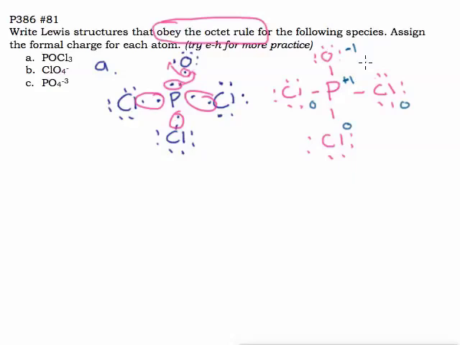Let's look at B. In B, we've got a charge, so our formal charge needs to add up to negative 1. In this case, we have chlorine in the center, which is a little awkward since it already has 7 valence electrons, but we'll make it work. And our oxygen atoms all around the outside, because there's 4 of them.